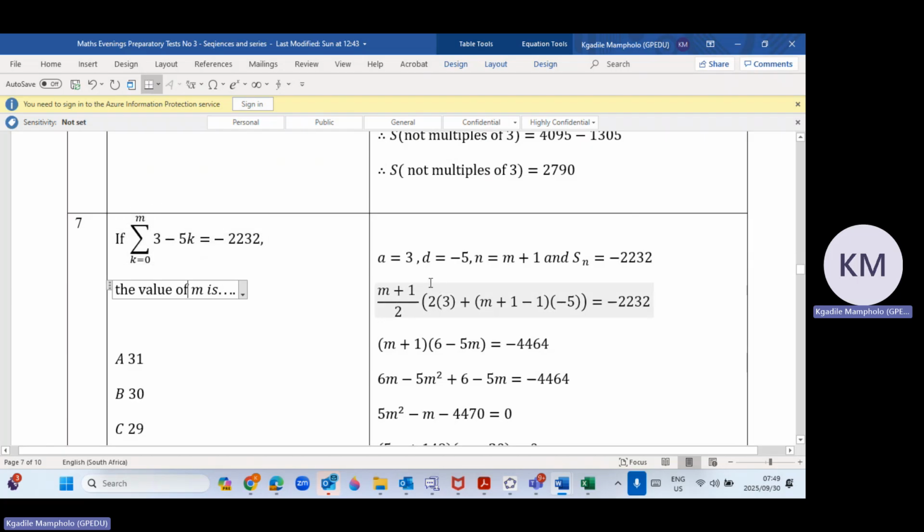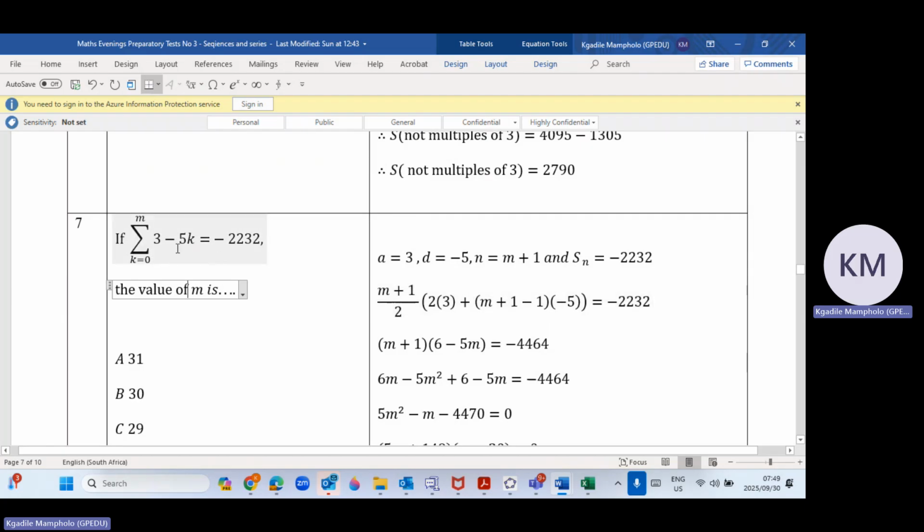It means now A will be 3, because always when you find A, you make your variable to be your index of summation. Our index of summation is 0 here. It means you start with 0. Then 5 times 0 is 0, then it's 3, then A is 3.